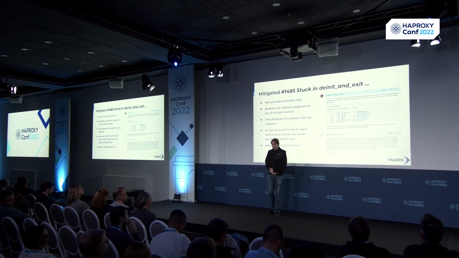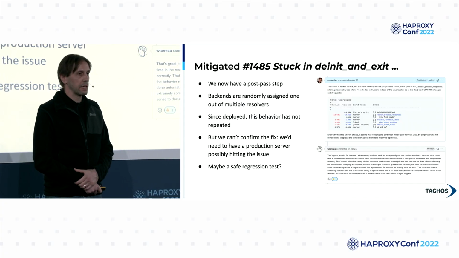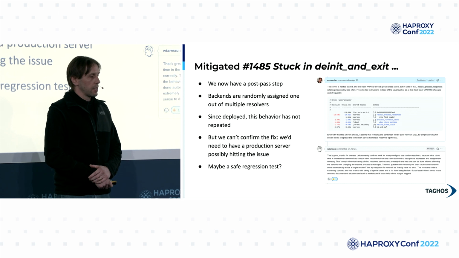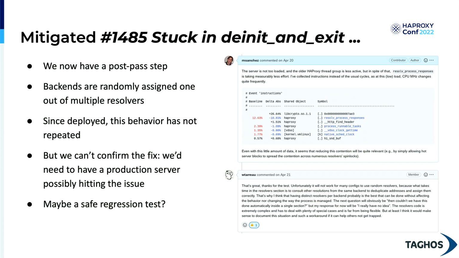We quickly implemented a post path, which takes the configuration file and, for each backend, assigns a random DNS resolver. By the time we deployed this, we never heard of this issue again.